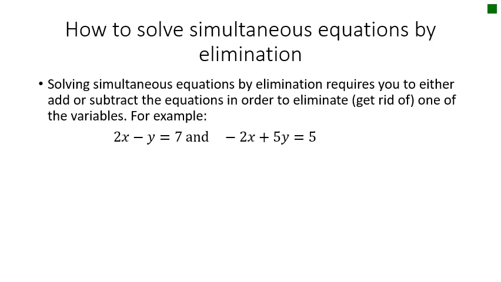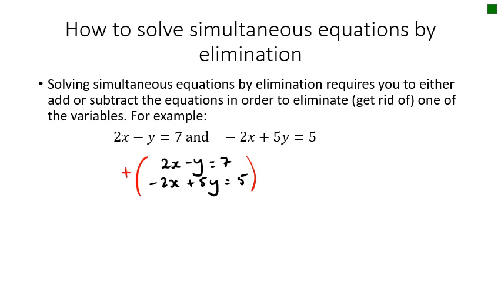As an example, we're going to look at these two equations we've got here. So we have the equation 2x take y equals 7, and we have minus 2x plus 5y is equal to 5. Now what I'm going to do to these equations is add them.